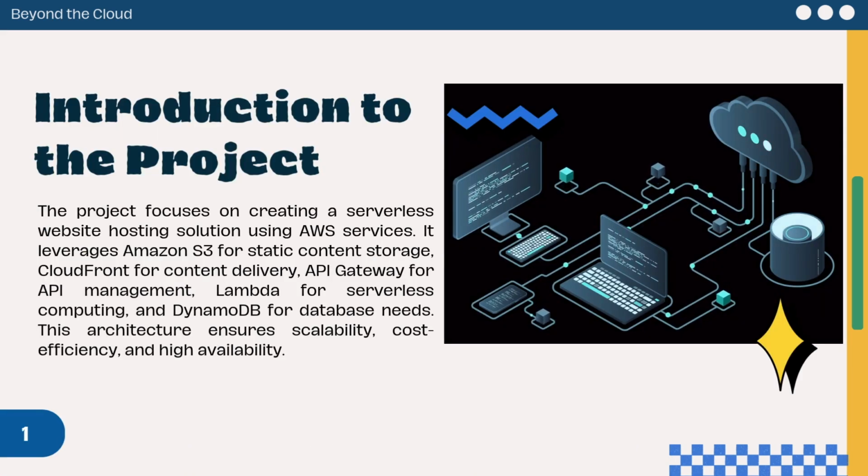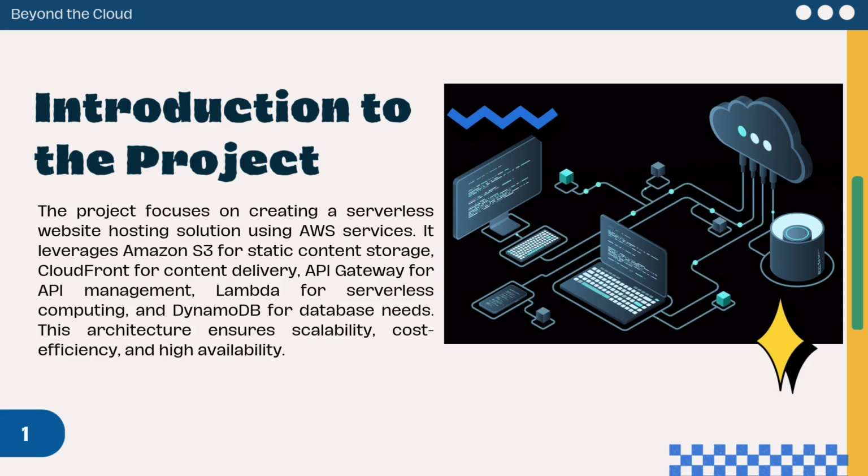So what is this project all about? So this project is hosting a website, or hosting your first website without any server. So you don't have to manage any server, you don't have to patch your instances or anything, but you can host your websites in an S3 bucket.